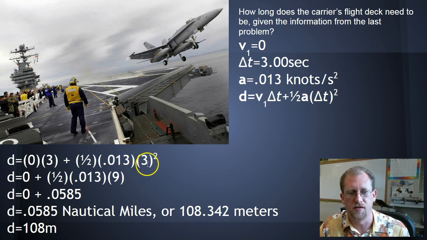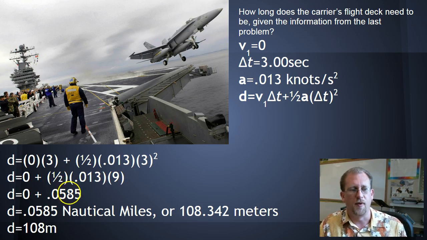The exponents come first. So now this is 9. The first term is still 0, because 0 times 3 is 0. Now I have 0 plus the product of these numbers. So 0.0585 is what you get when you have 1/2 times 0.013 times 9. So my answer is 0.0585 nautical miles.